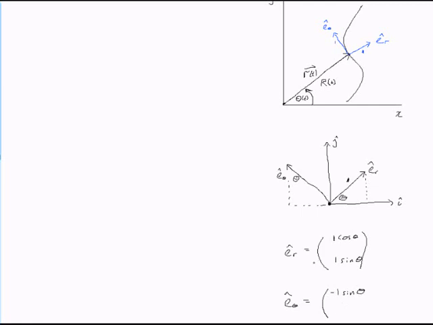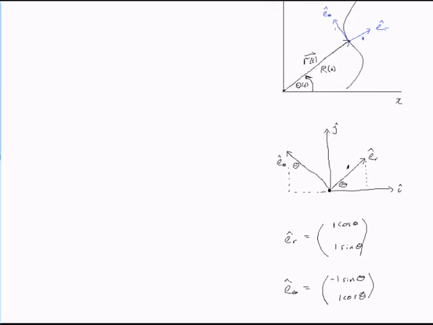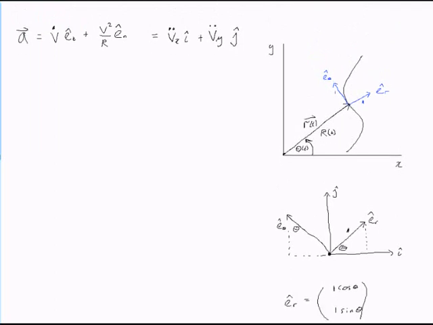And in the j direction, it's going to be positive 1 cosine theta, because it's in the direction of the j. All good. Okay, so that's e_r and e_theta all described in terms of i and j, and you'll see why that'll come in handy later. It may seem a little bit arbitrary at the moment, but I think you'll see where it'll fit in sooner or later.